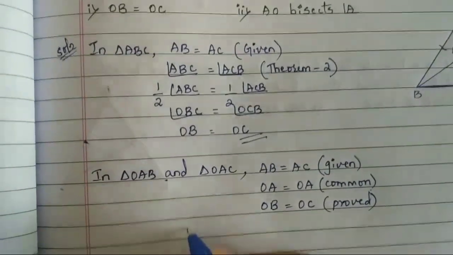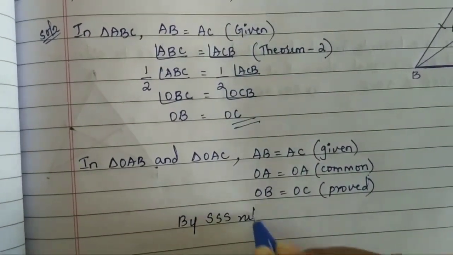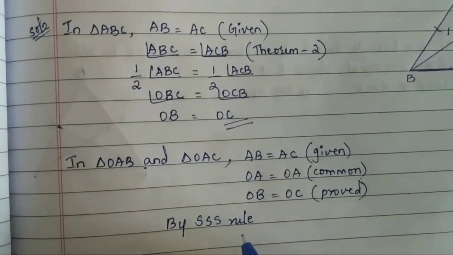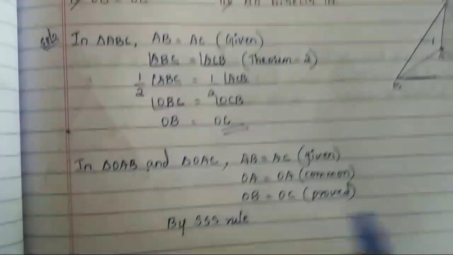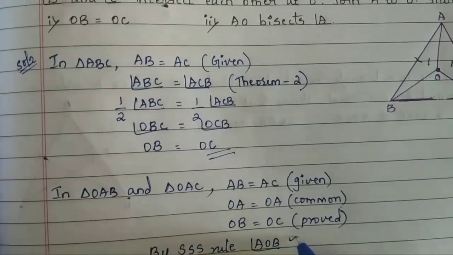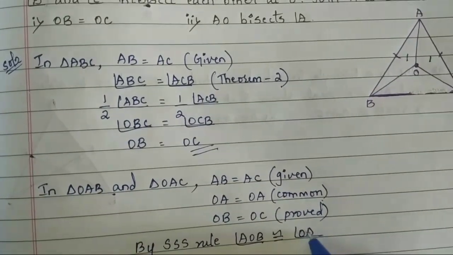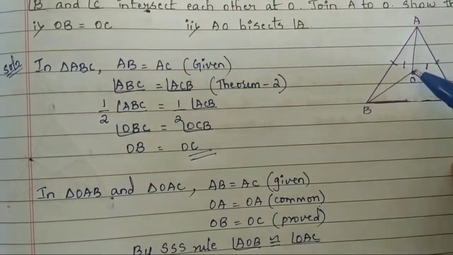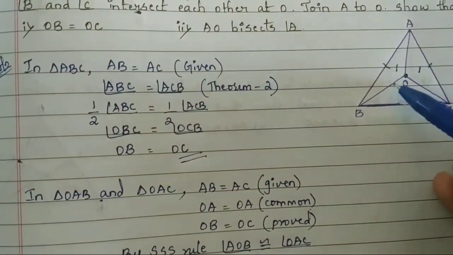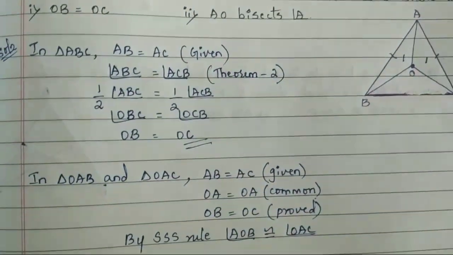So by the SSS rule, side, side, side rule, we can say that triangle OAB is congruent to triangle OAC. Both these triangles are congruent.